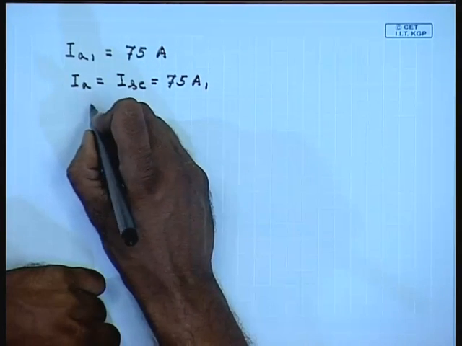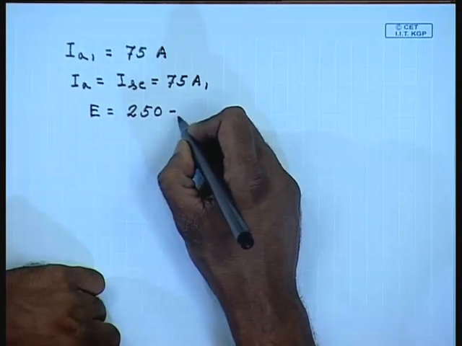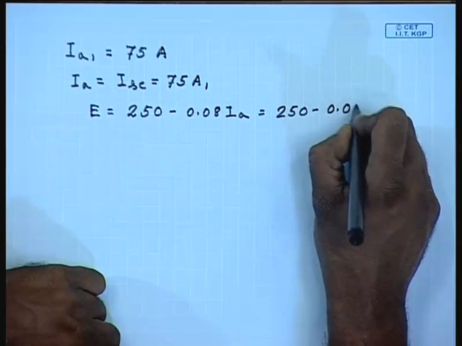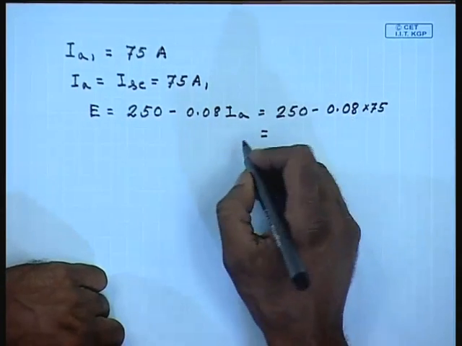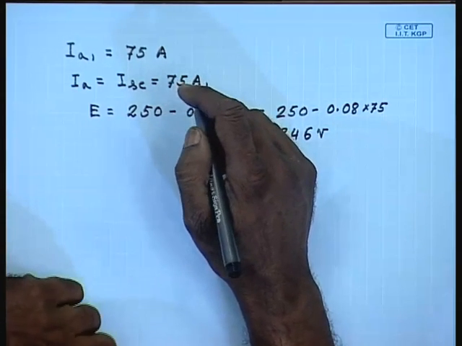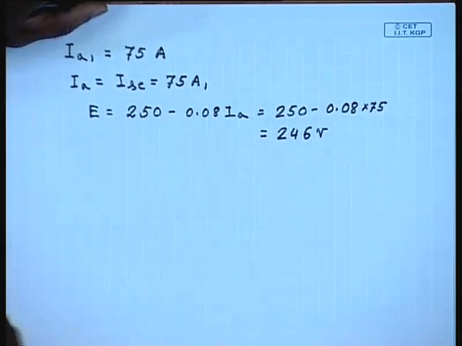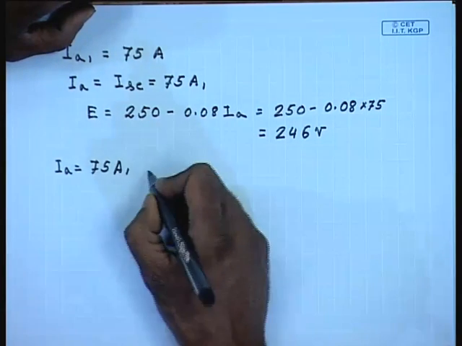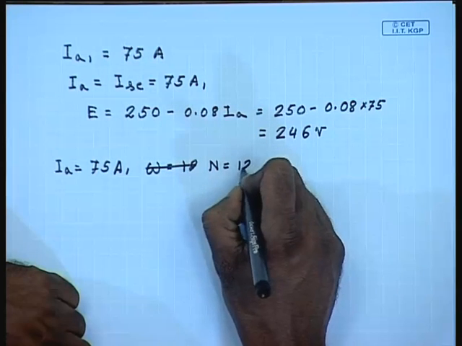Then E will be equal to... we know at 75 amperes, Ia equal to 75 amperes and omega corresponding to N equal to 1200 RPM.